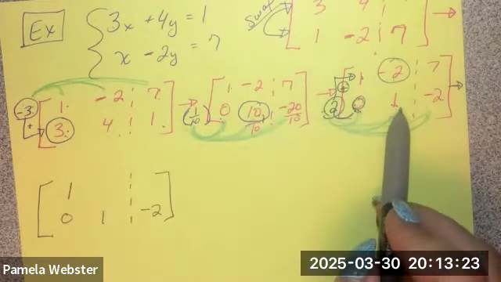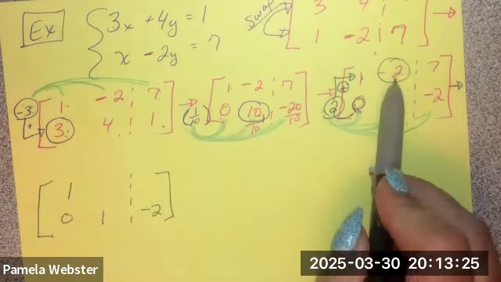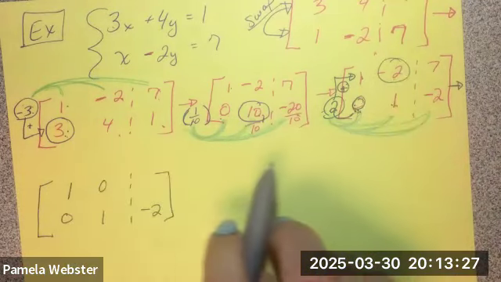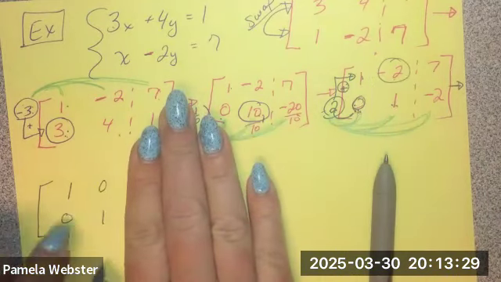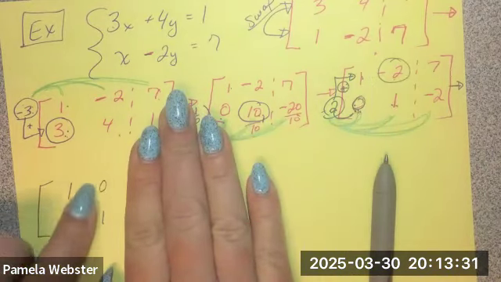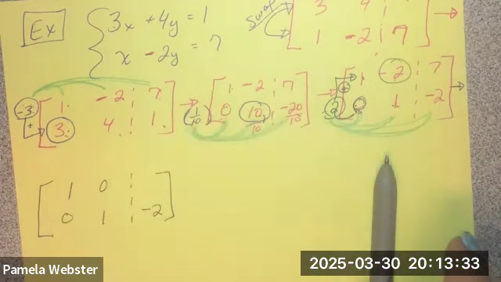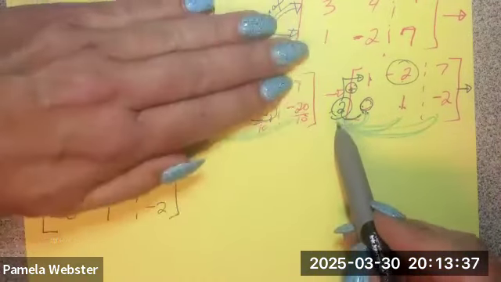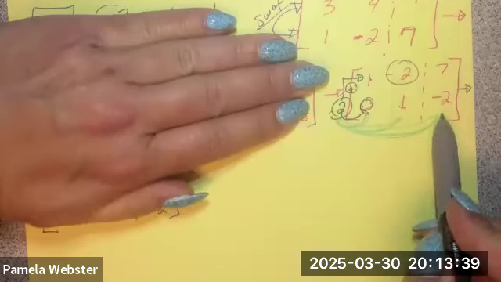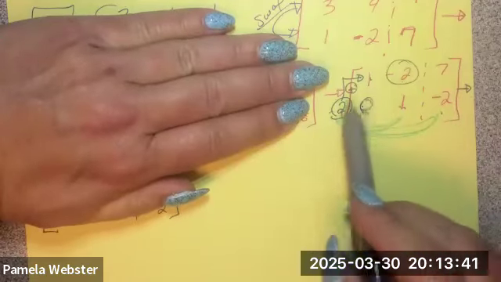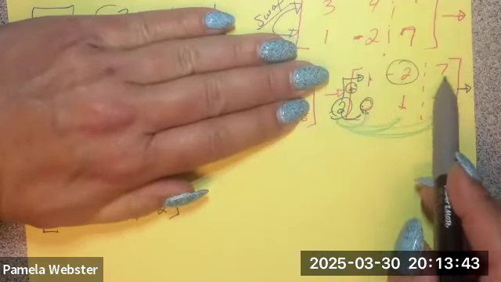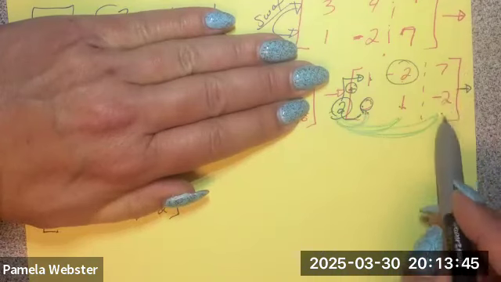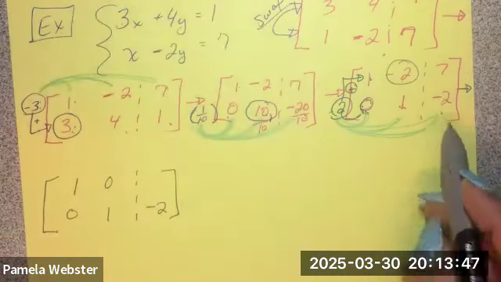2 times 1 is 2. 2 plus the -2, that's a 0. Hey, look at that. Isn't that exactly what I said I wanted? 1, 0, 1, 0. Absolutely. So that's beautiful. Finish it out. Ignore this stuff here, right? 2 times -2 is -4. -4 plus 7 is a 3.